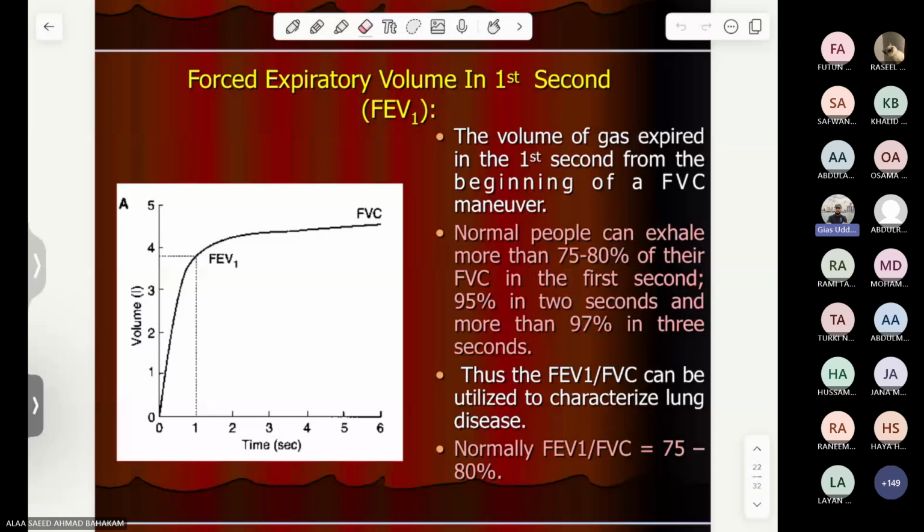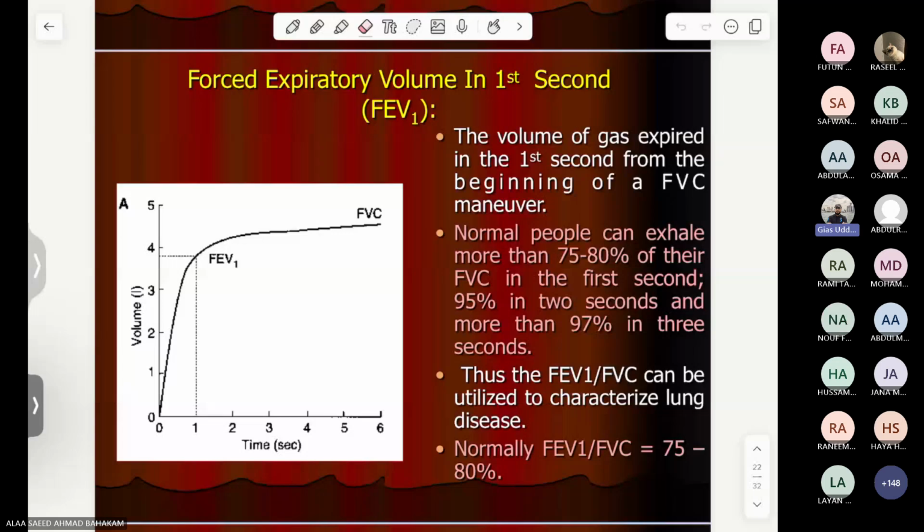So what is FEV1? FEV1, as you see in the picture, is the volume of air that is expired in the first second from the beginning of an FVC maneuver. So normal people can exhale more than 75 to 80% of the FVC in the first second.